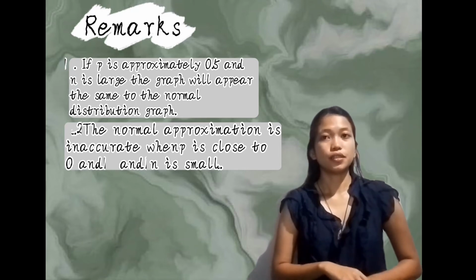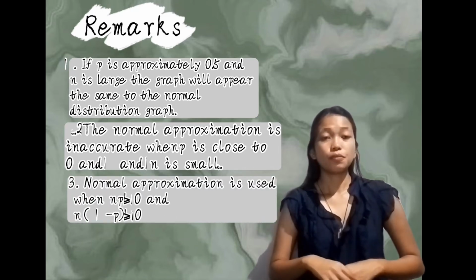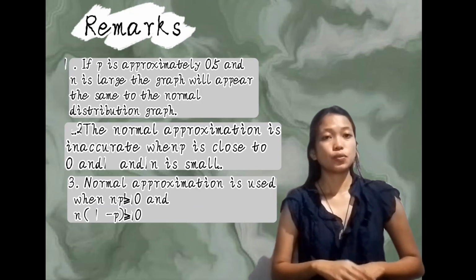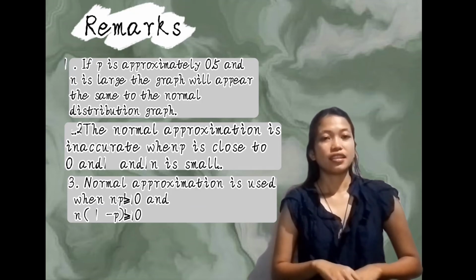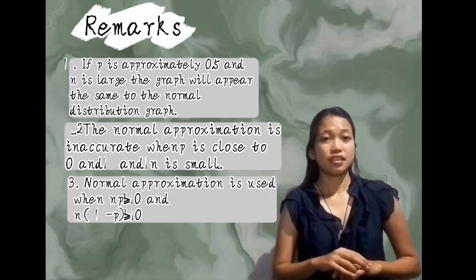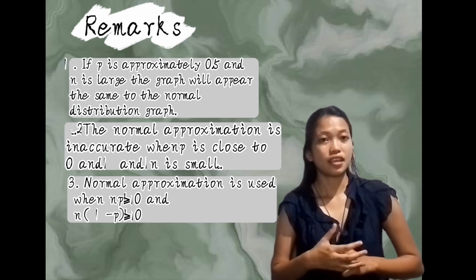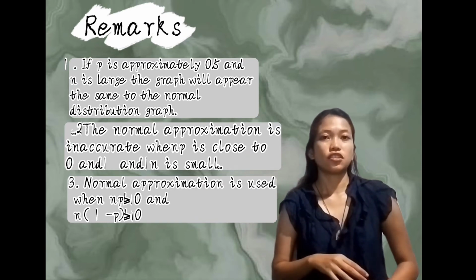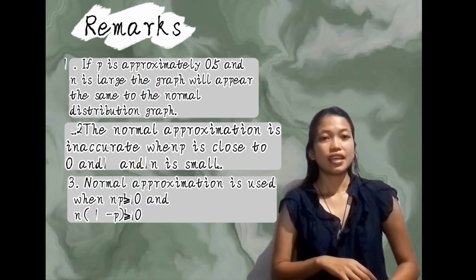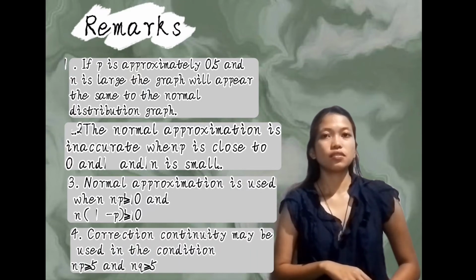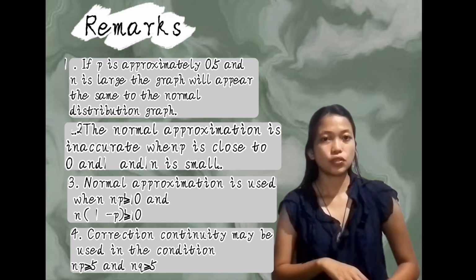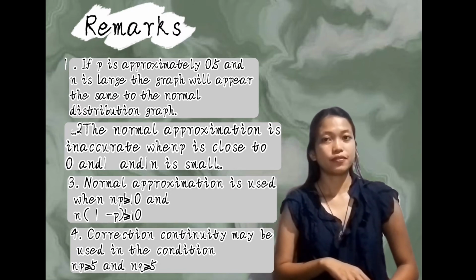As a rule of thumb, the normal approximation is used when n is so large that np is greater than or equal to 5, and n times q is greater than or equal to 5. In addition, the continuity correction may be used in the normal approximation on the condition that np is greater than or equal to 5 and nq is greater than or equal to 5.